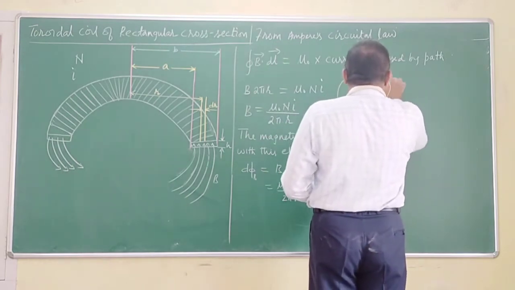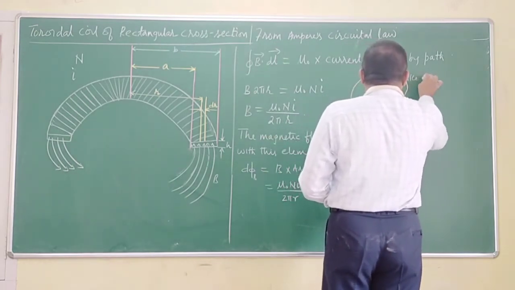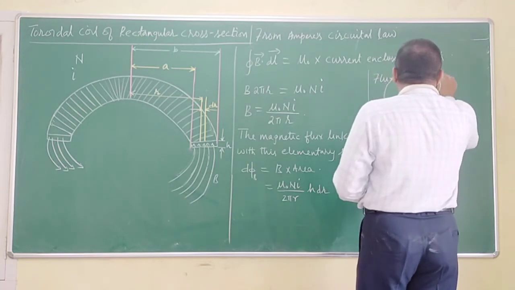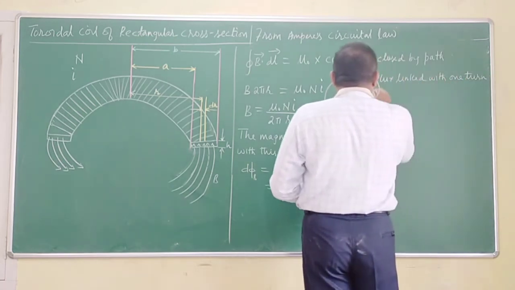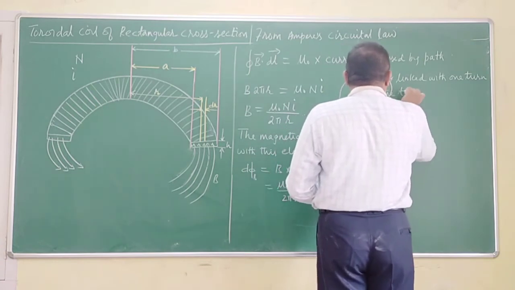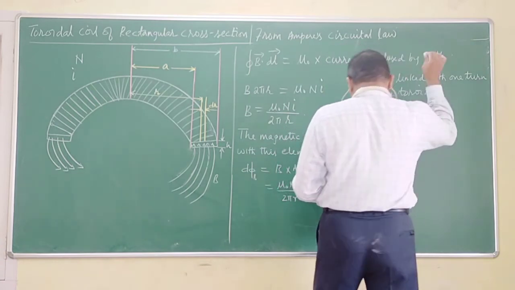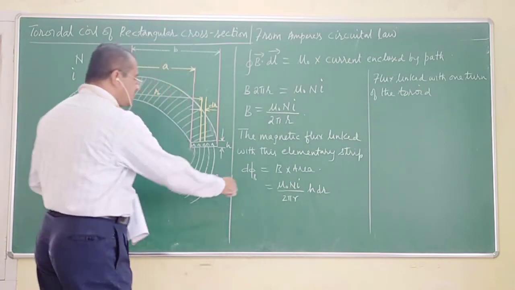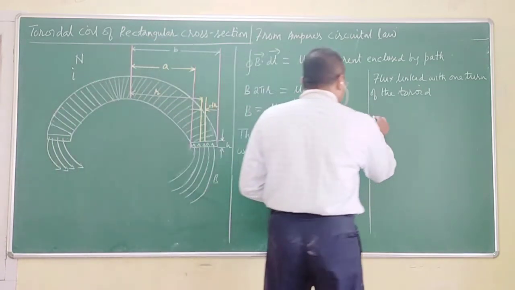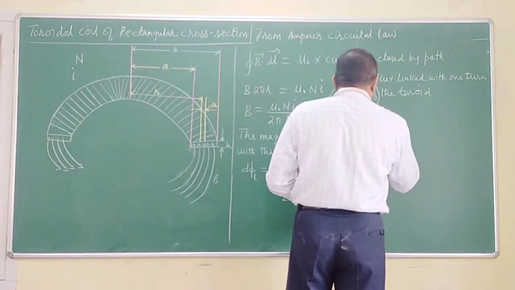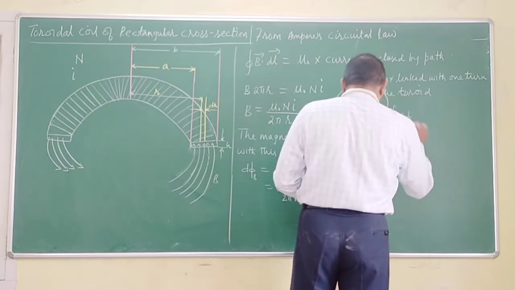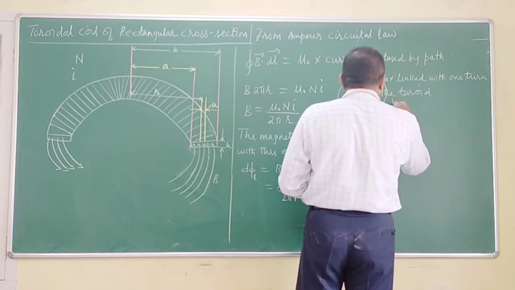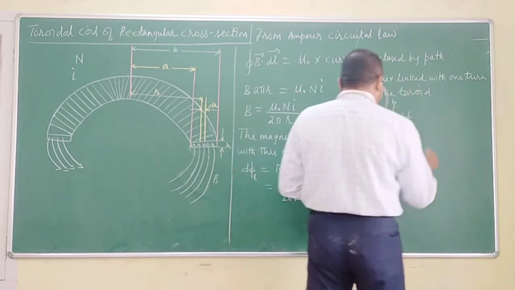Flux linked with one turn of the toroid. If I integrate this expression, I will get phi B is equal to integral of d phi B between the limits a to b, inner to outer radius.